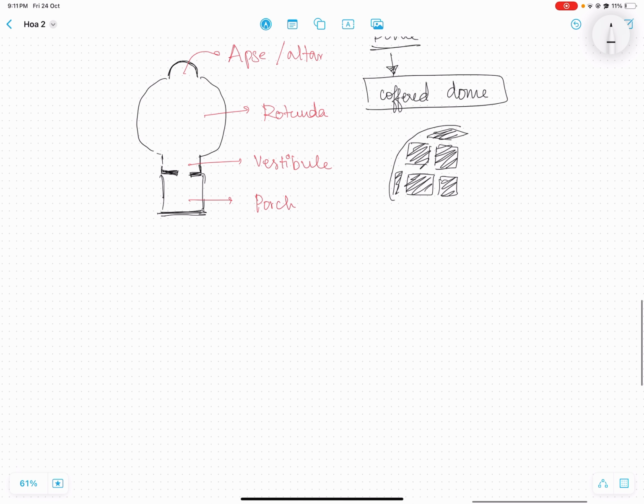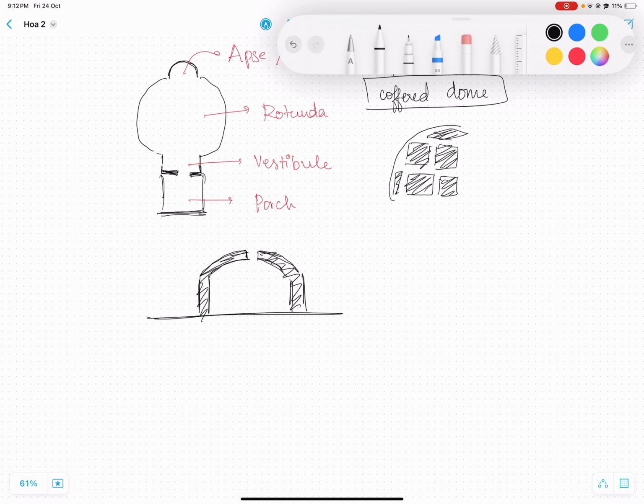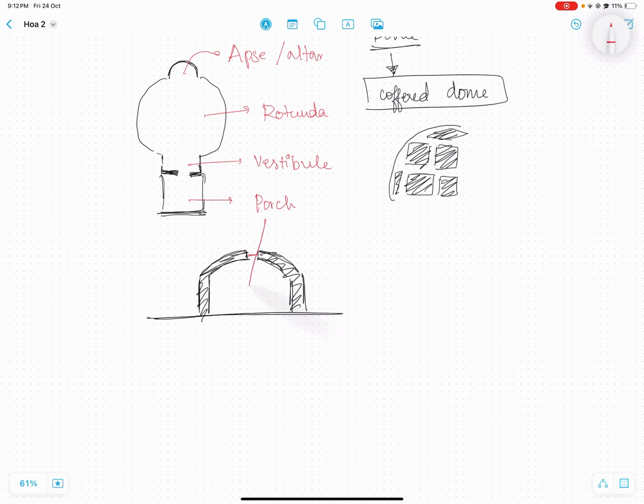Another important feature is the oculus. If this is a cross section, then at the center of this space is an opening that lets in light. This opening is called the oculus, and it was 27 feet in diameter.